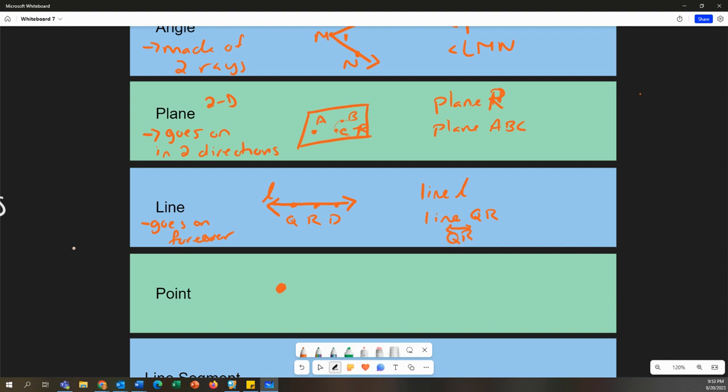So a line is actually made of infinitely many points because you can have infinitely many points on that line since they're so itty bitty. But when you see a point, you're just going to see a big letter next to it. So you can label it by spelling out point, or you can just put a point and then the big letter that is naming it.